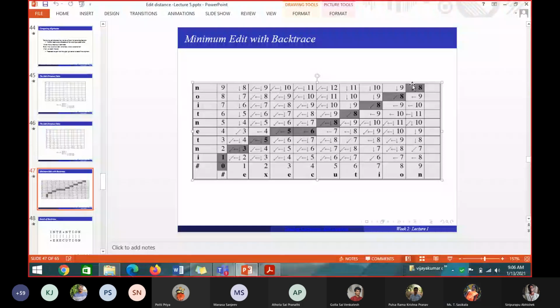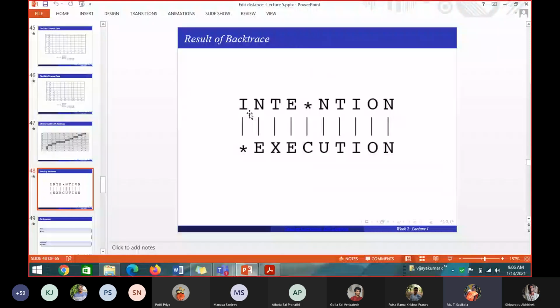Yes, ma'am. Okay, next, please write the first character. What is my input and what is the output I want? My input string is intention and my output string is execution.